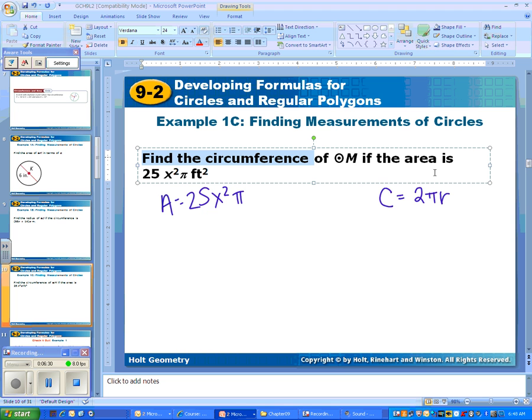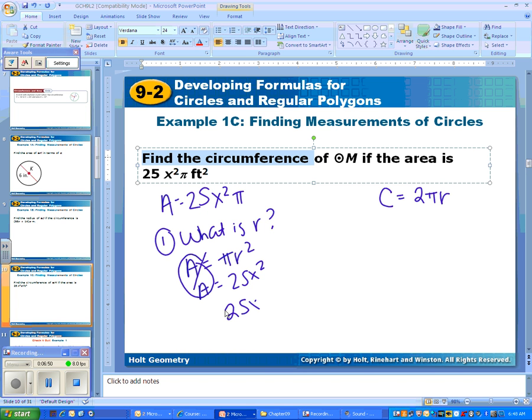So in order to use this equation, we have to figure out what the radius is. And we can use our given information to figure out what r is. We know that area is pi r squared, and we know that our area is also 25x squared. So you're going to substitute those two together and say 25x squared equals pi r squared. And then you're going to solve for r.